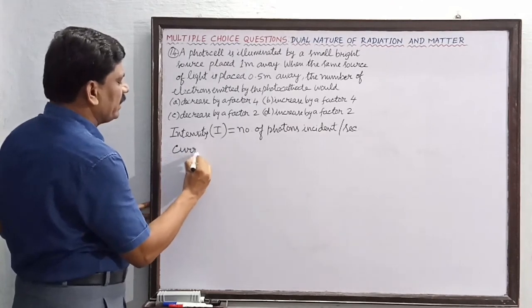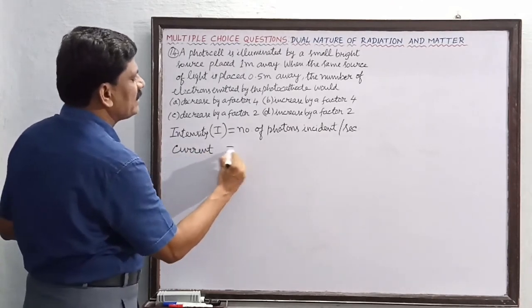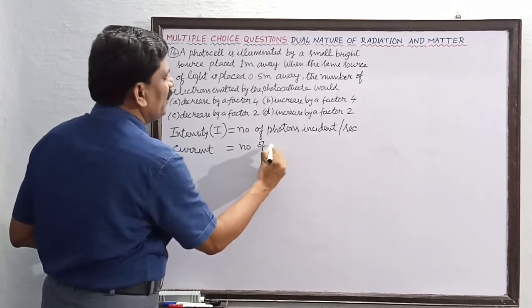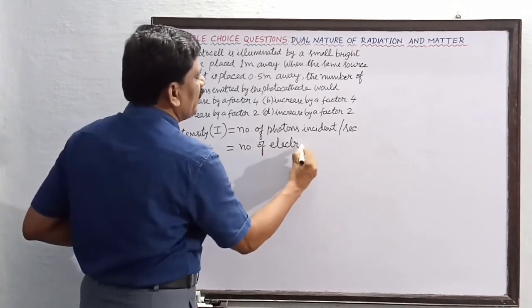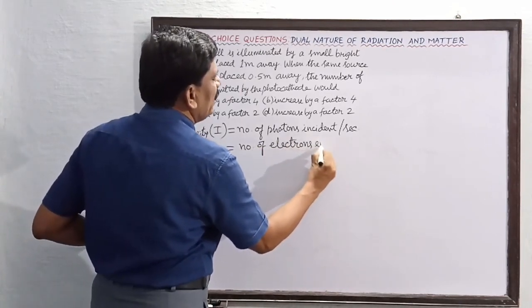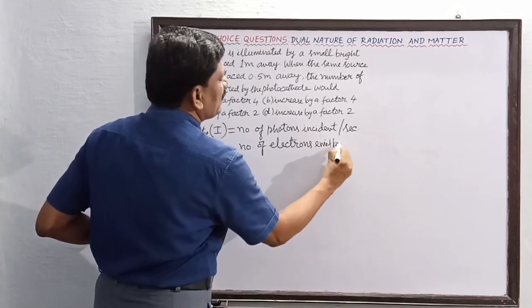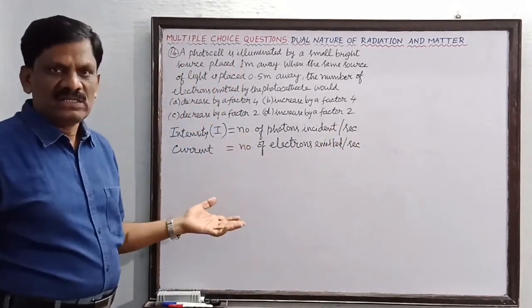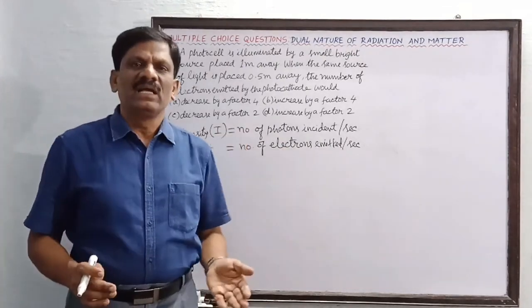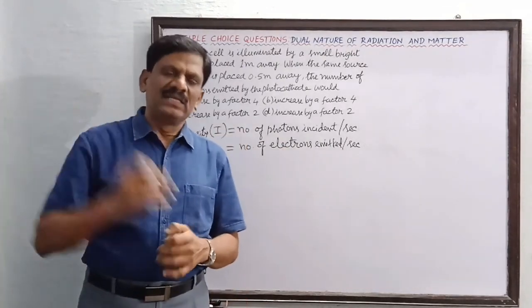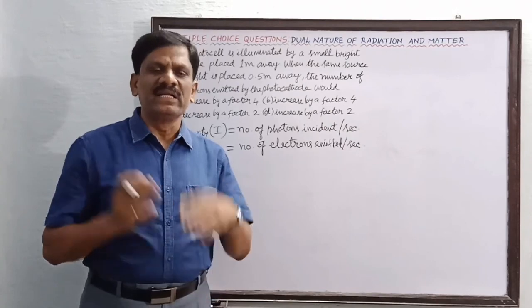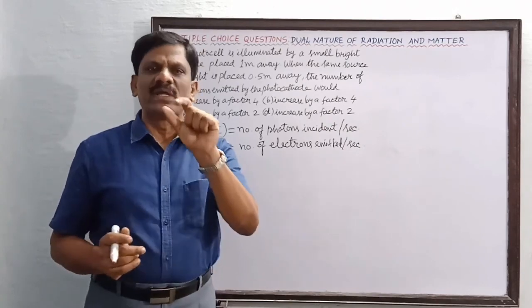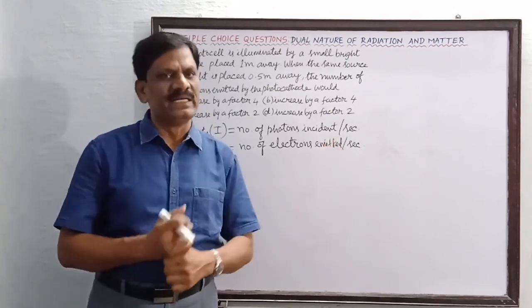Photo current is equal to the number of electrons emitted per second. These two will be equal. So the intensity and the current will be proportional to each other. Already we have studied that the photoelectric current varies linearly with the intensity.